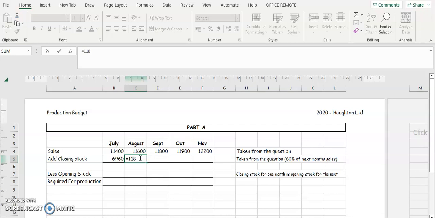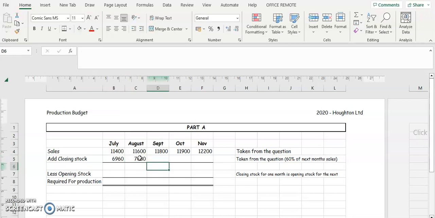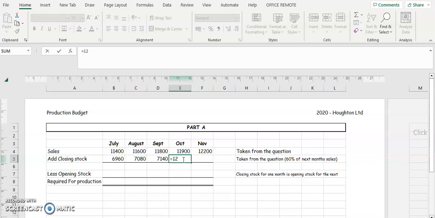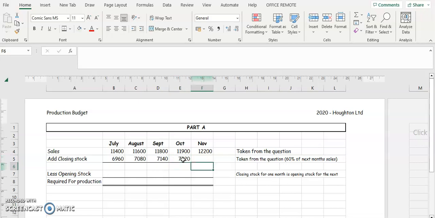So 11,800, multiply that by 60%. 11,900, multiply that by 60%. 12,100, multiply that by 60%. And then for November, we're just going to find out what our November figure is.